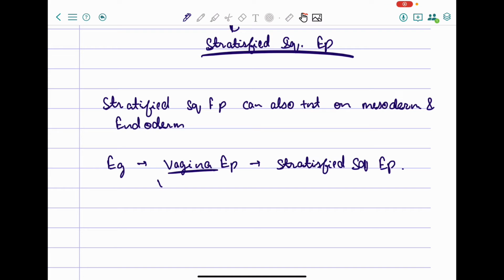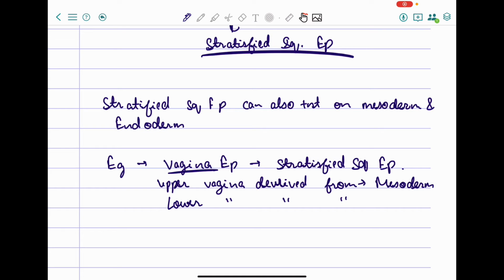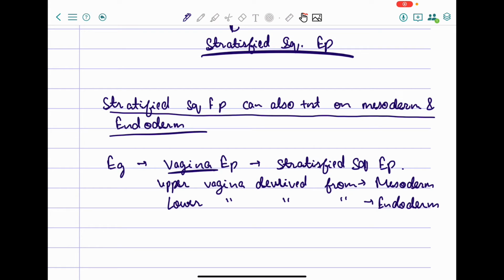But do you know that the upper vagina is derived from mesoderm, and the lower vagina is derived from endoderm. So here is the proof that the stratified squamous epithelium can also be present on mesoderm and endoderm.